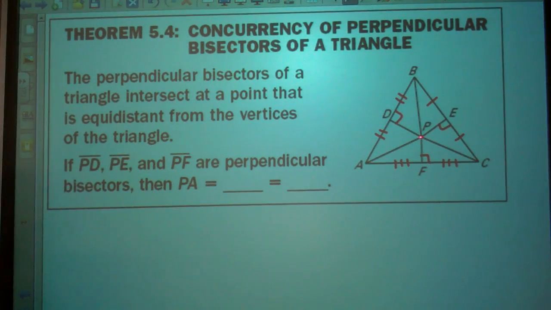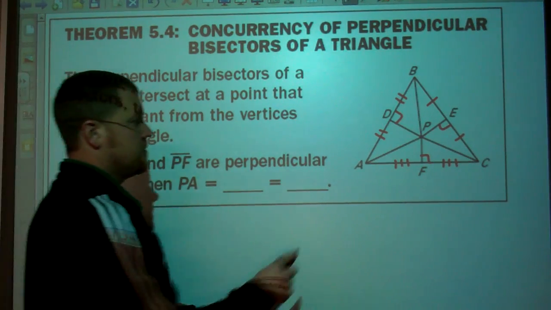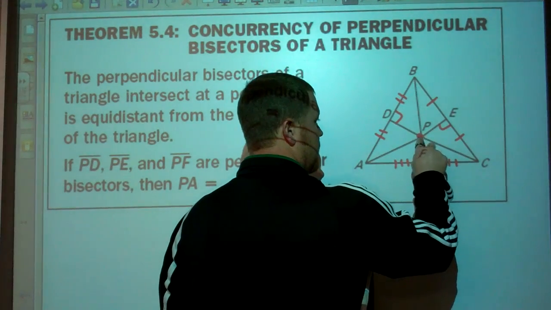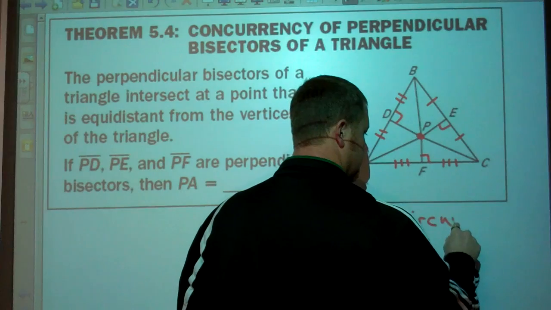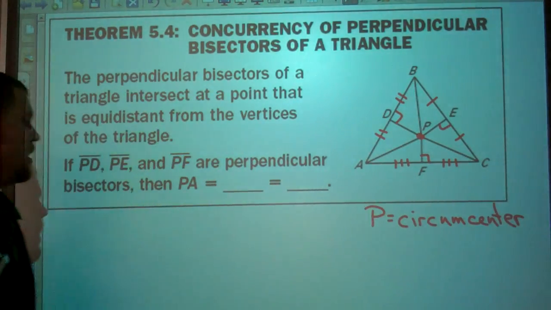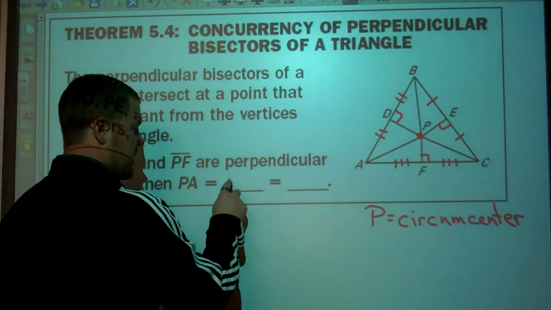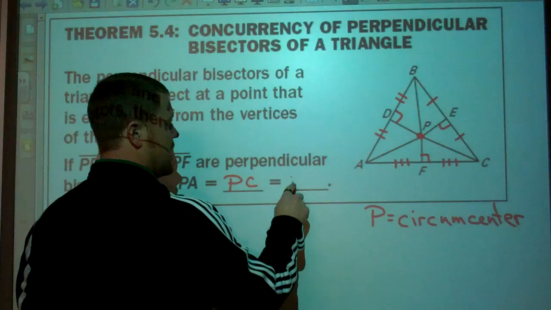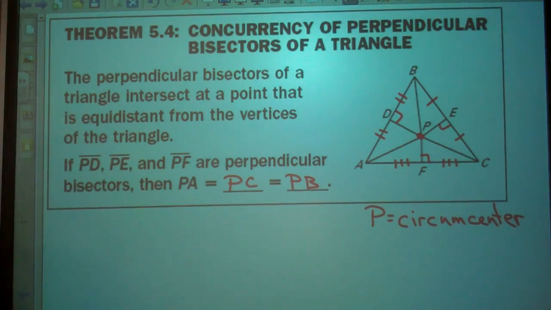They meet at a point, point P. That is called the point of concurrency. In this case, point P is the circumcenter. Therefore length PA equals length PC equals length PB.